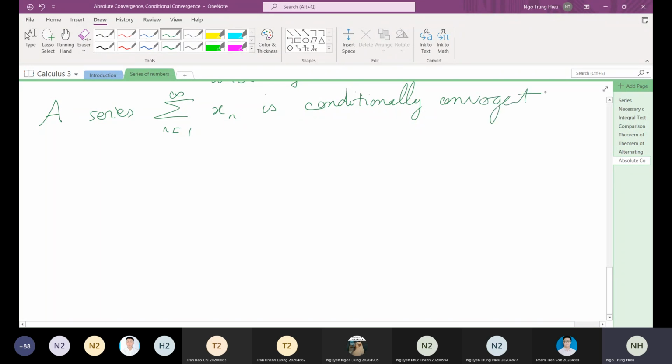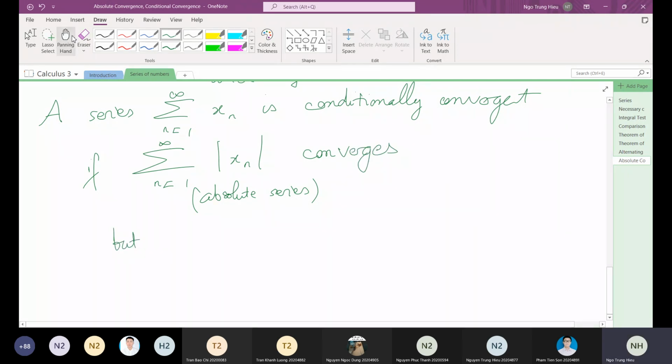So when I use the green color, I often write a definition. If the absolute series, let us call this the absolute series, right? The absolute series converge, but the absolute series diverge.